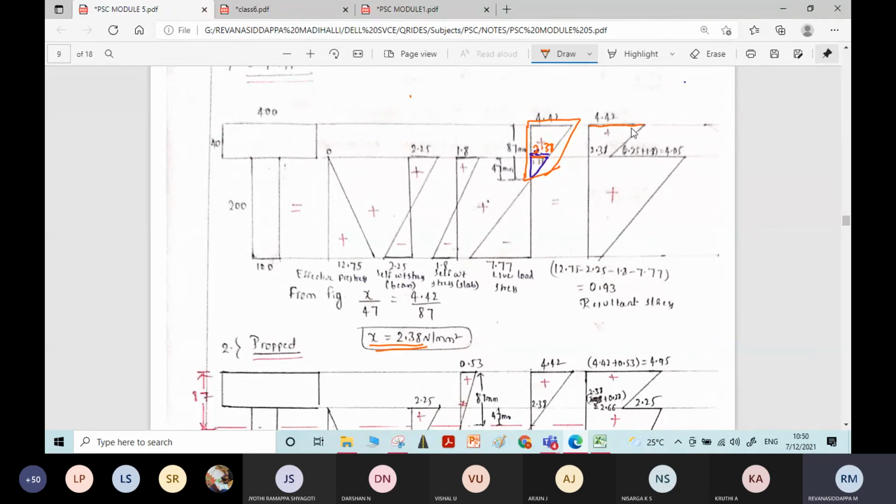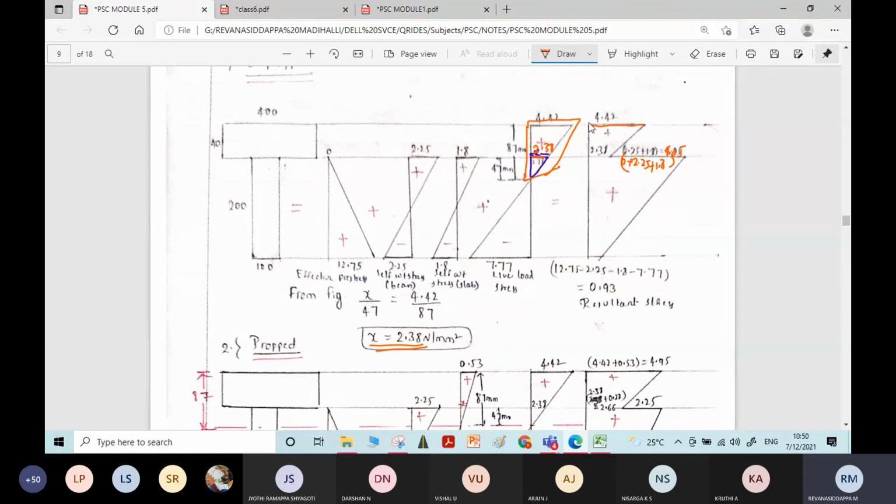Then, with respect to the combined stresses, the stresses corresponding to the full section, you calculate 2.38. Then the stresses at the top fiber of the beam: 0 plus 2.25 plus 1.8. If you do this, you get 4.05.